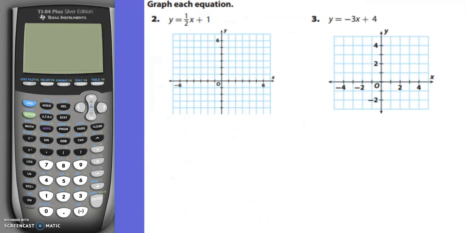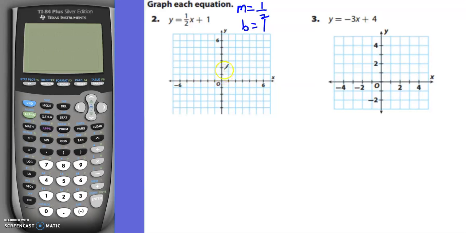Let's take a look at number 2. My slope is 1/2. My y-intercept is 1. So I'm going to start at 1.